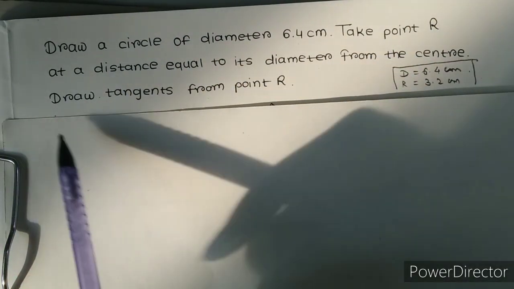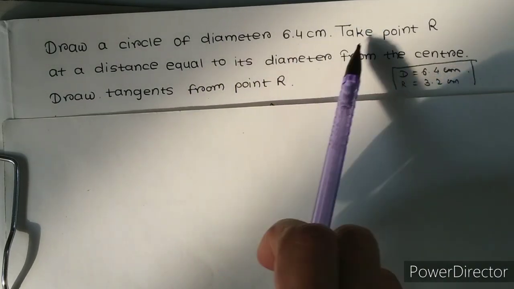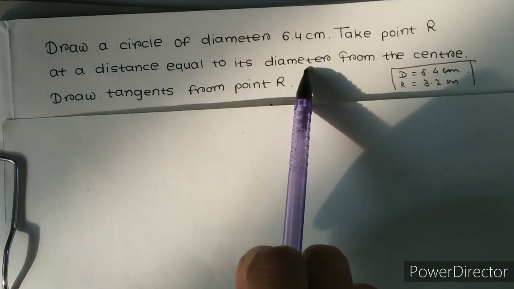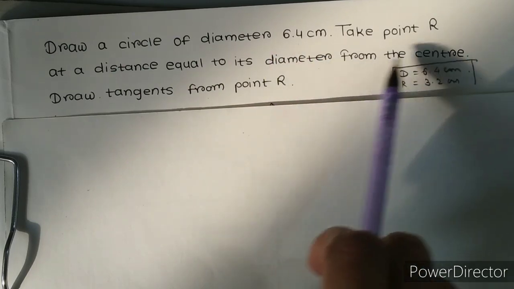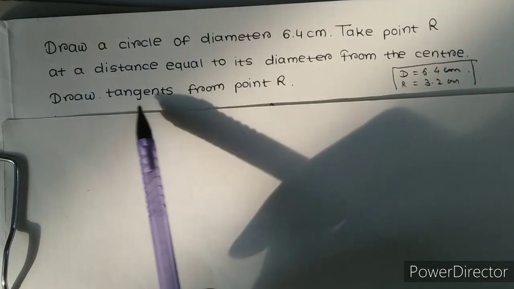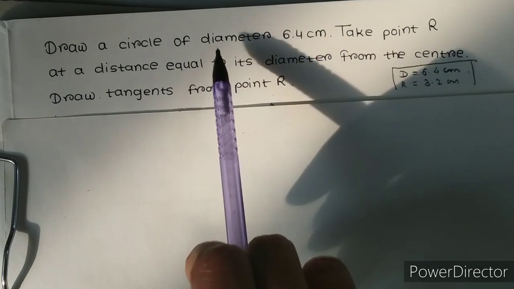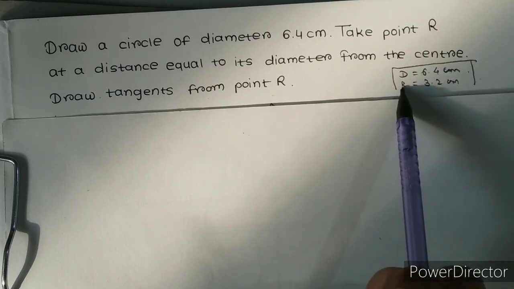Next problem is, draw a circle of diameter 6.4 cm. Take point R at a distance equal to its diameter from the center. Draw tangents from point R. Here we have been given the diameter of the circle and we know the relation between diameter and radius.